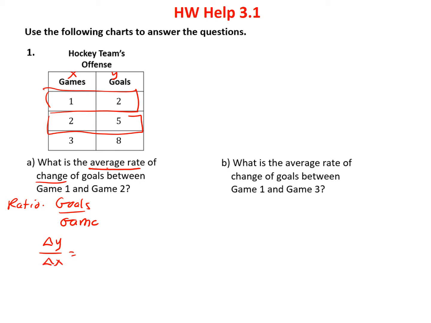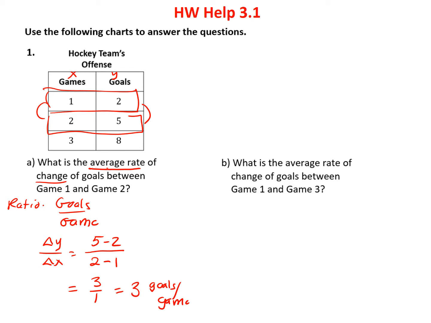Between 1 and 2, notice I have 2 minus 1, and from here to here, the change is 5 minus 2. So my change is 3 over 1, or 3 goals per game. That's my average rate of change, 3 goals per game.